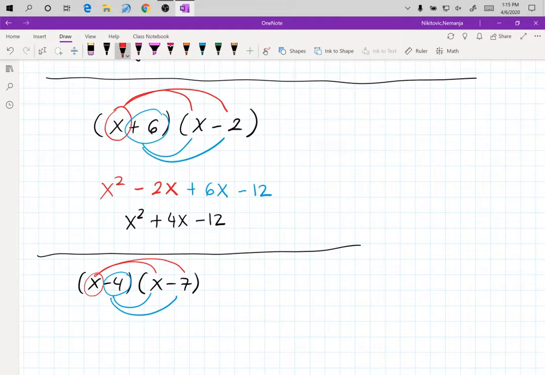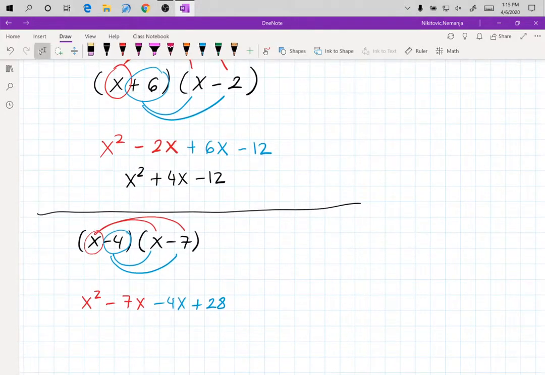So what do I have for reds? x times x is x squared, and then negative 7x. And then I have minus 4x, and then I have plus 28. So all together is x squared minus 11x plus 28.